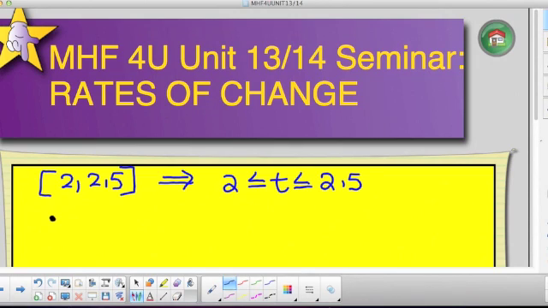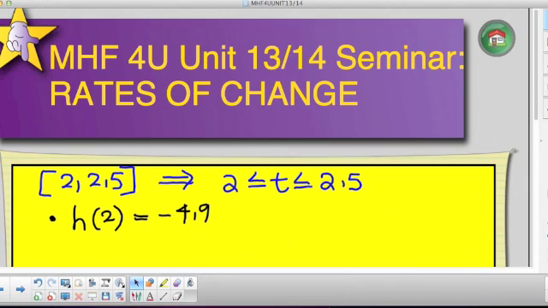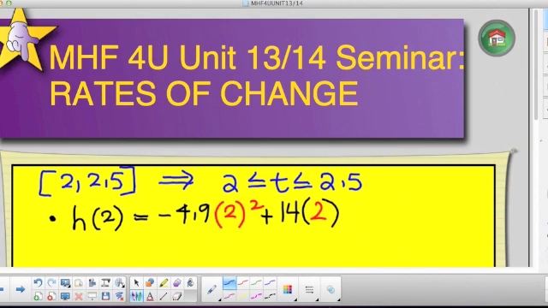So, first of all, my height at 2 seconds is going to be equal to negative 4.9 times 2 squared plus 14 times 2 plus 1, which is going to give me a height of 9.4 meters. I'm going to do the same thing at 2.5.